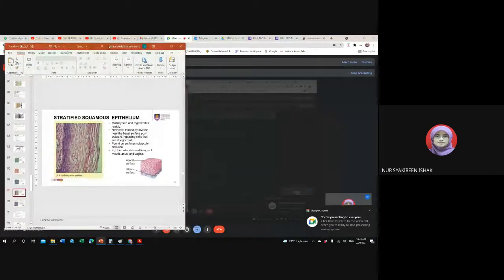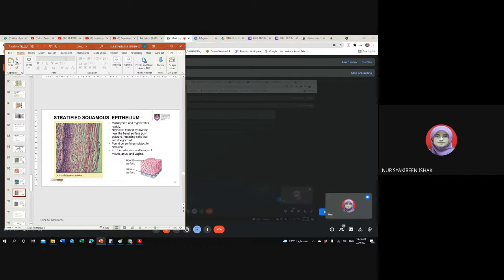Okay. So slide 90 of your notes. Okay, awak tengok, it forms many layers kan. So the lining of your mouth is stratified squamous. Sebab apa? It has to form many layers of the epithelial cells so that the exposed layer, the cell at the surface, can always be replaced with new one.